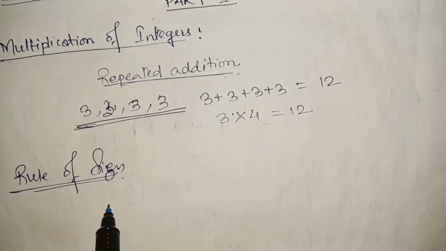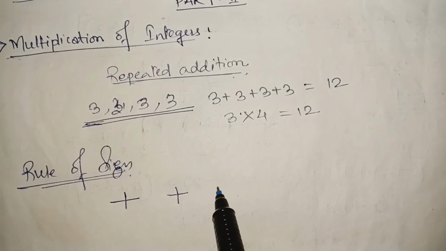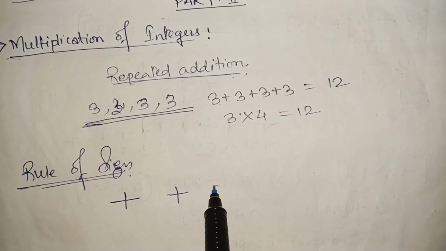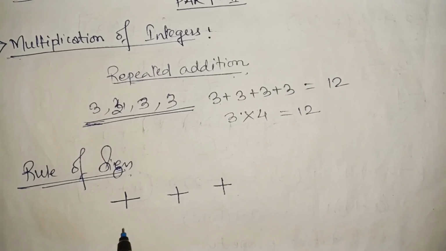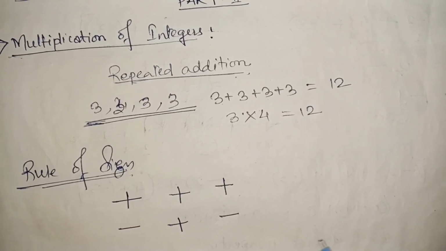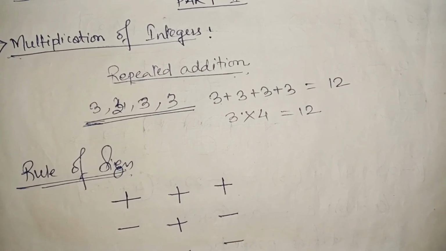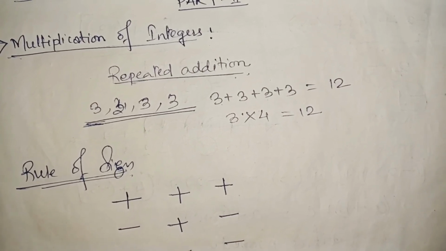Wait. See, if we have plus and plus, then in the result we will have plus. If we have minus and plus, then the result will be minus. And if we have plus and minus, then again the result will be minus. And if we have minus and minus, then the result will be plus.